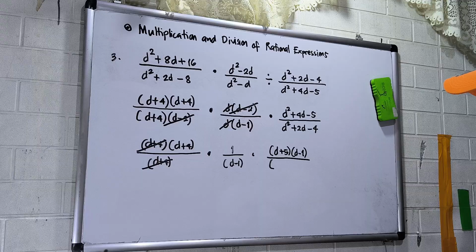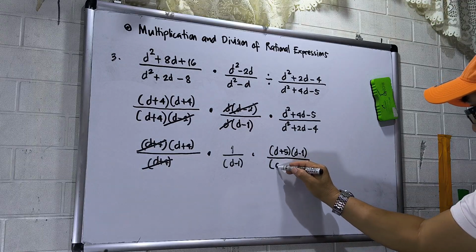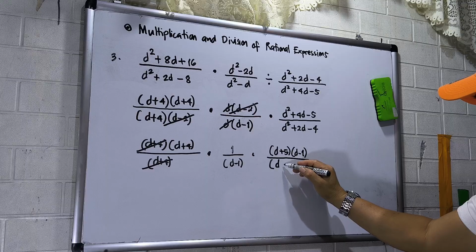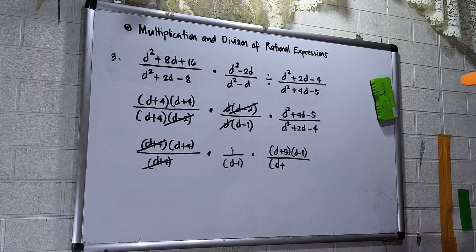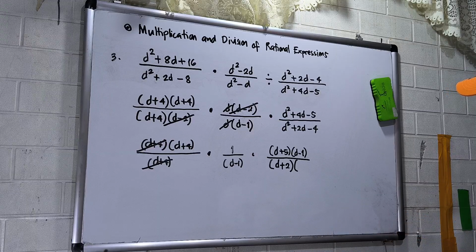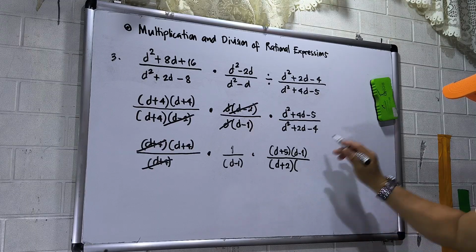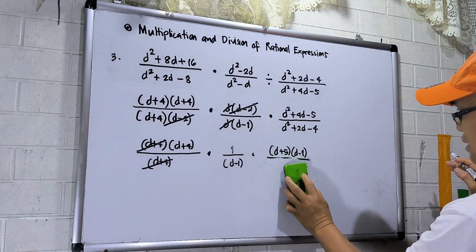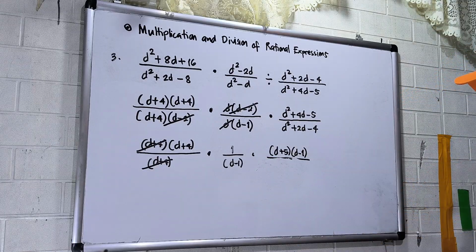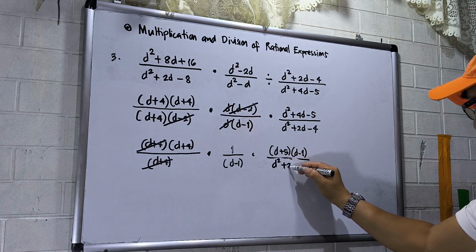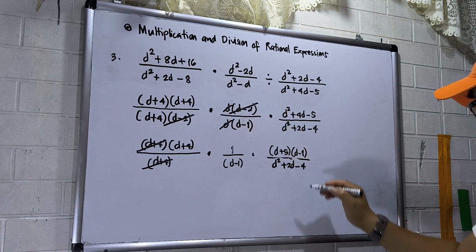The denominator, d squared plus 2d minus 4, cannot be factored. So just copy d squared plus 2d minus 4.